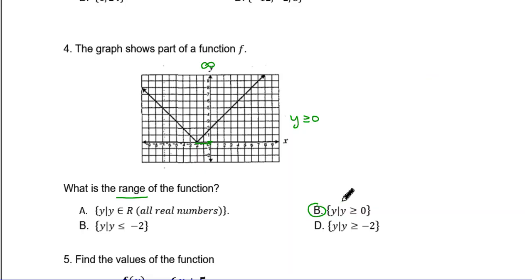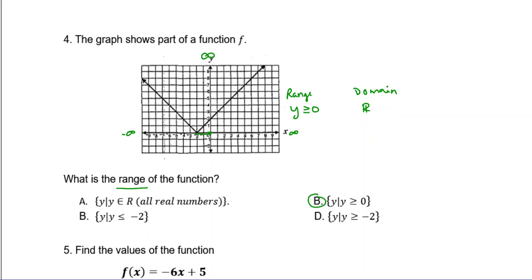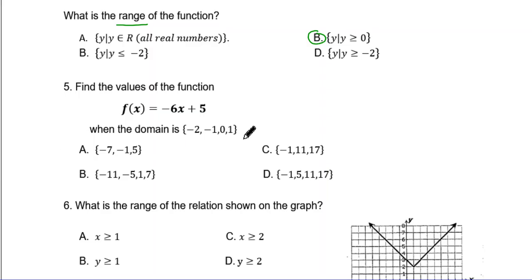Okay, so that is for the range, and then for the domain, you can see that it is all real numbers because it's going all the way to the left to negative infinity and then to the right to positive infinity.